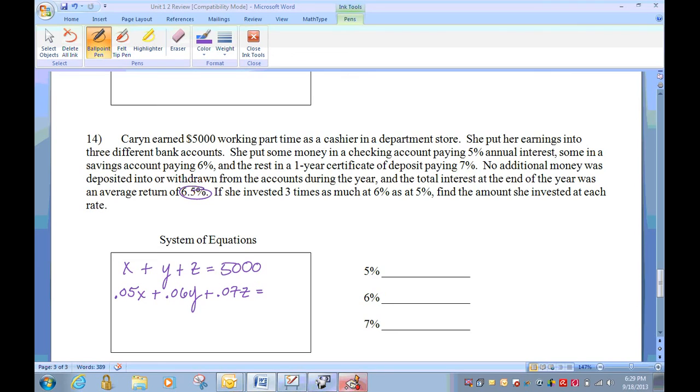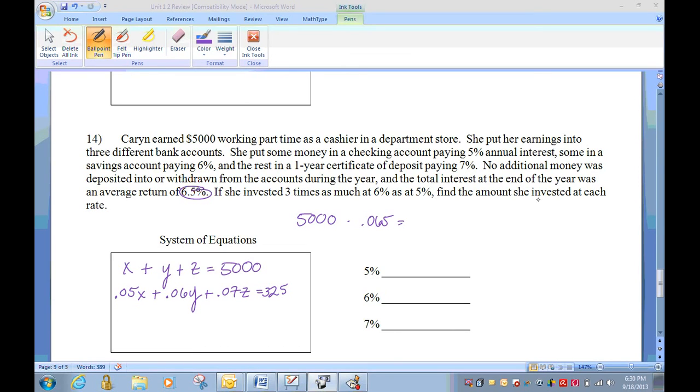So we need to go to our calculator, and we're going to multiply 5,000 times 0.065. So that's going to tell me the interest that she wants to get, and that is $325. Okay, and then the last statement that we need to read is that she invests 3 times as much at 6% as at 5%.